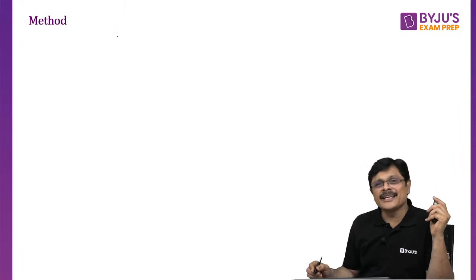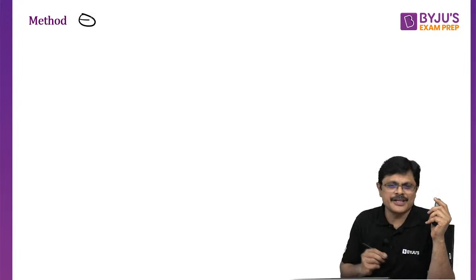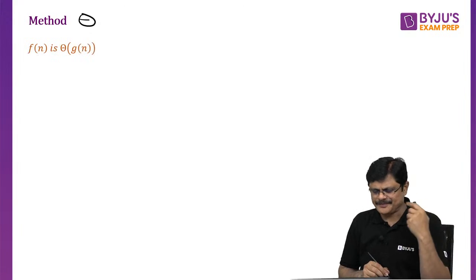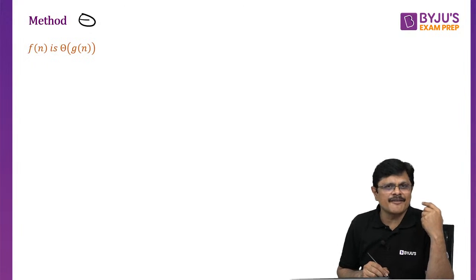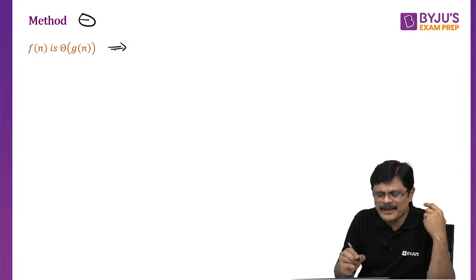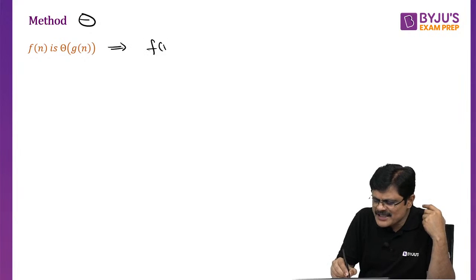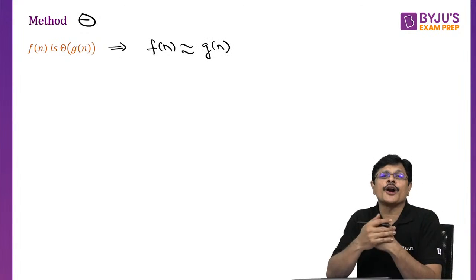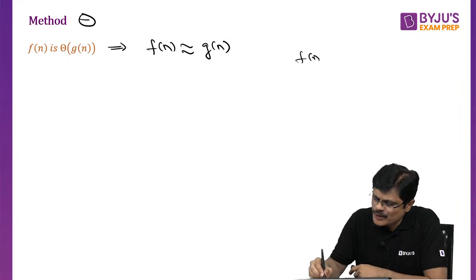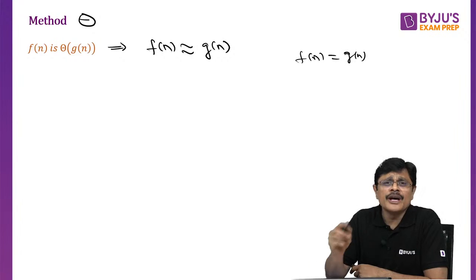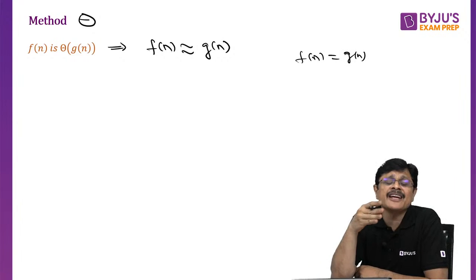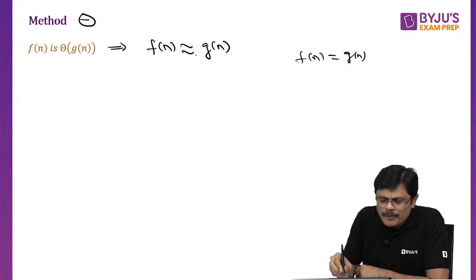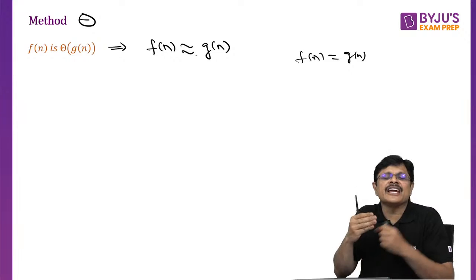Now let us see the theta notation. Big theta notation. Let us try to understand with an example, then we write the definition. What do you mean by Fn is big theta of Gn? When you say Fn is big theta of Gn, the meaning is Fn and Gn have equal order of growth. Here it is not like Fn is equal to Gn, sir. Fn and Gn have equal order of growth. So what does it mean actually? What do you mean by proving that Fn and Gn have equal order of growth?